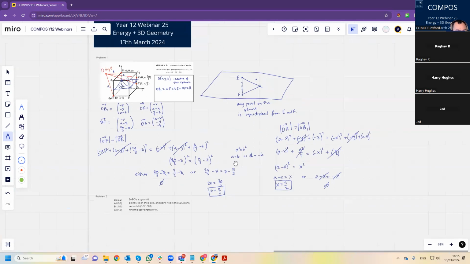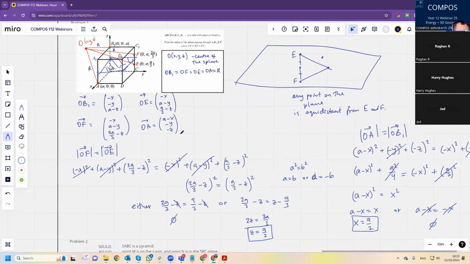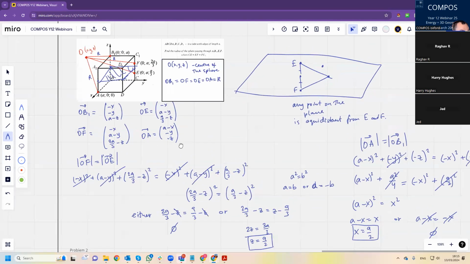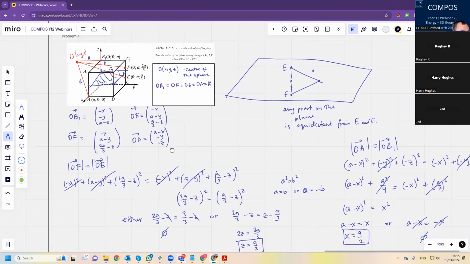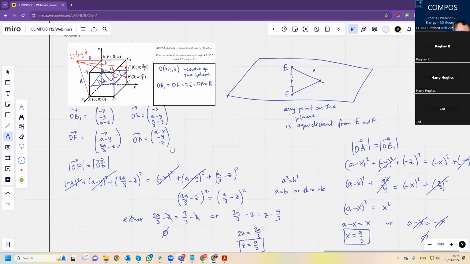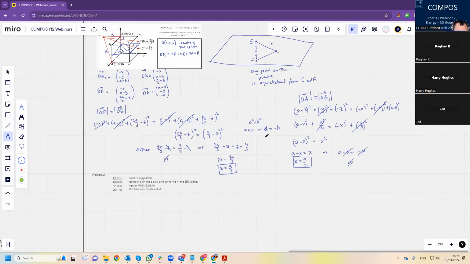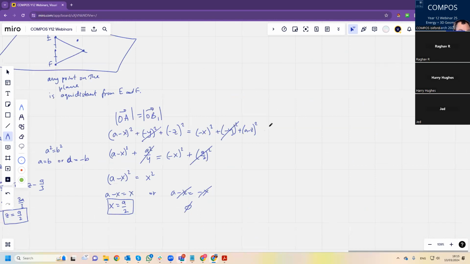And finding y, well, I would take OE and OA, doesn't really matter which one. OE equals OA.